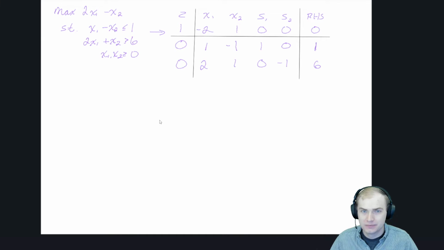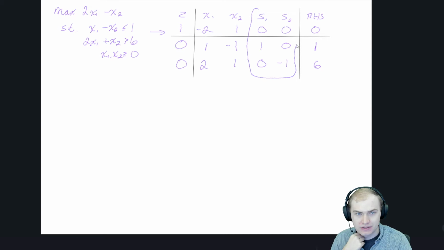Right, so this is that problem in the tableau format that we explored a bit yesterday. But we have an issue. This is not in canonical form. This is in standard equality form, but we don't have an identity matrix anywhere. Right, S1 and S2 are supposed to be our basis, but we have this negative here.